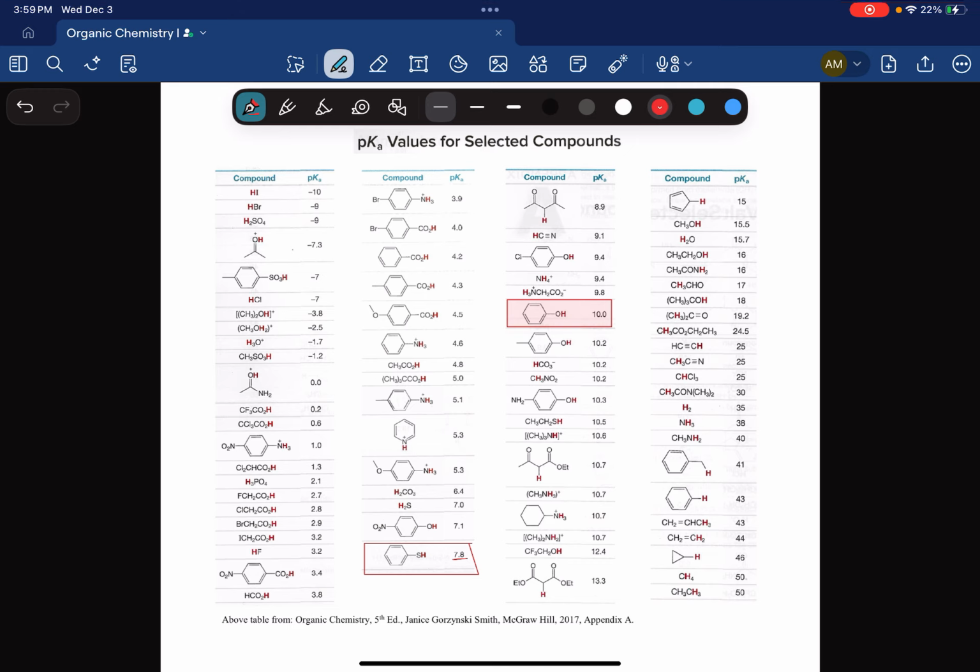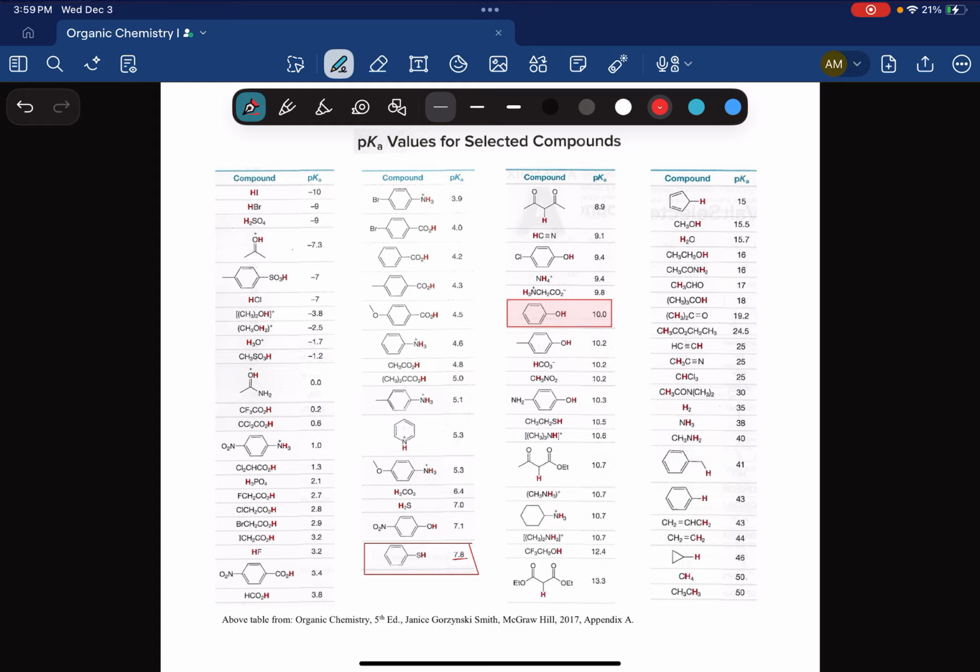So right now, what's winning is our SH, right? So let's look at the things that determine acidity. You can look at your pKa chart to get off on a good start. We can go ahead and eliminate OH because we know for sure at least SH is stronger than that.